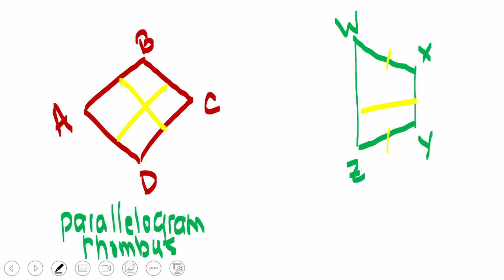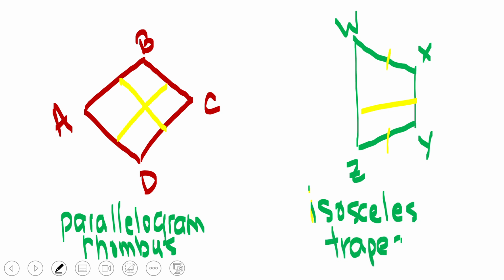So we know it's a trapezoid. And if there are two congruent sides, think about our definition with triangles. We have an isosceles trapezoid. So these are specific names for the shape that you see.